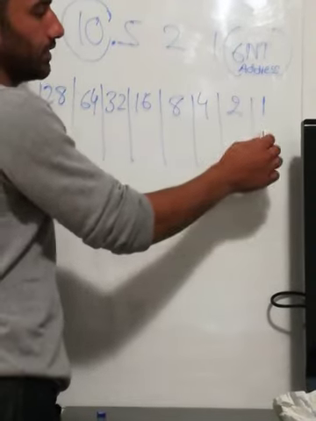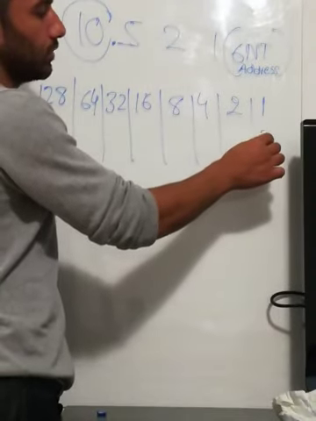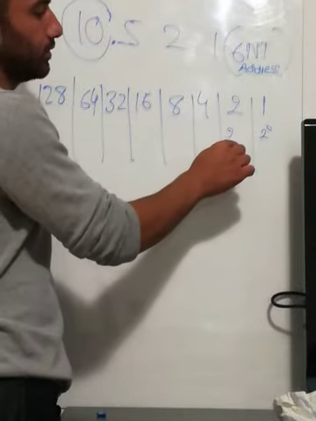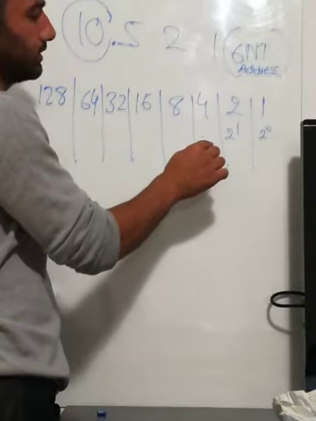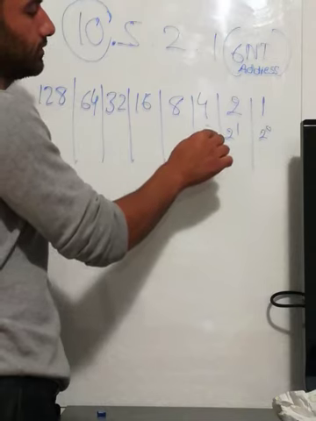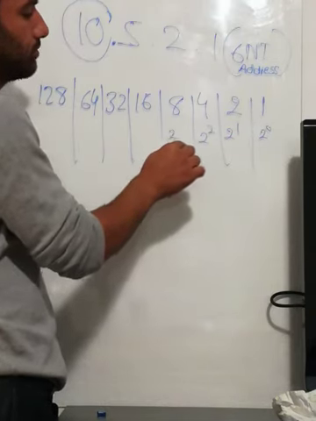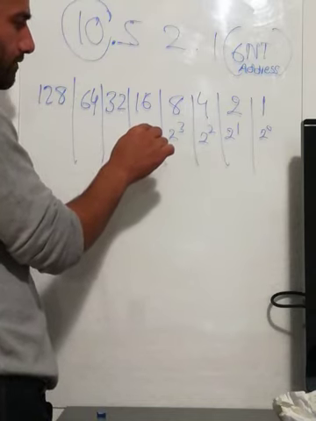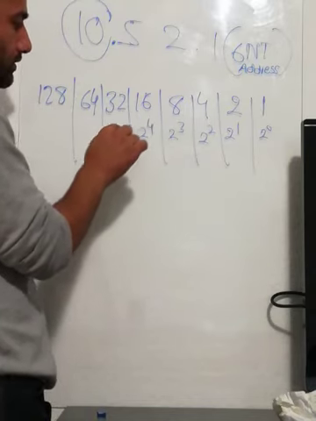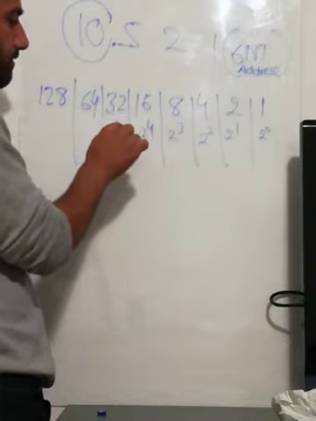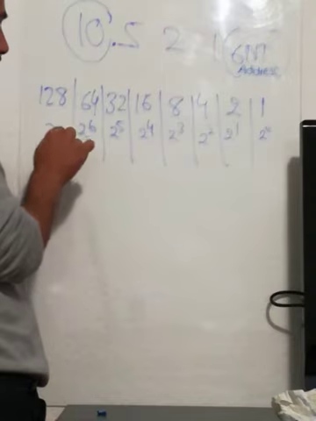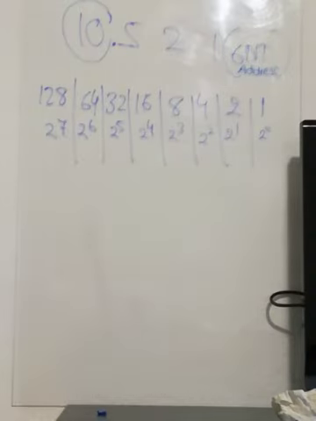Then we write down under each of them 2 to the power of 0, 2 to the power of 1, 2 to the power of 2, 2 to the power of 3, 2 to the power of 4, 2 to the power of 5, 2 to the power of 6, 2 to the power of 7.